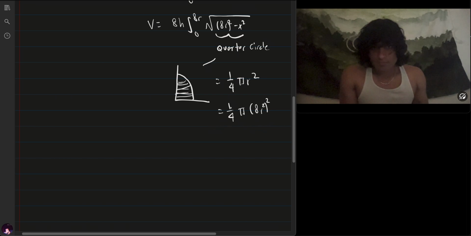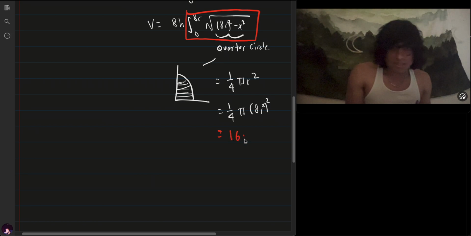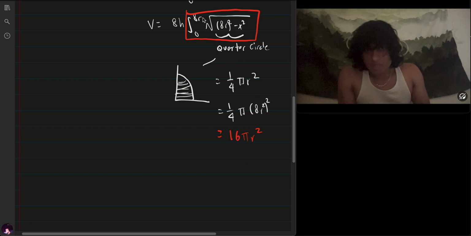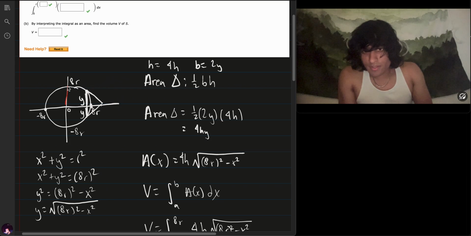So this integral right here, actually, let me turn this red. This integral, ignoring the constant, is going to end up being 16 pi r squared, because this expression, once again, is the expression for just a quarter of this circle.